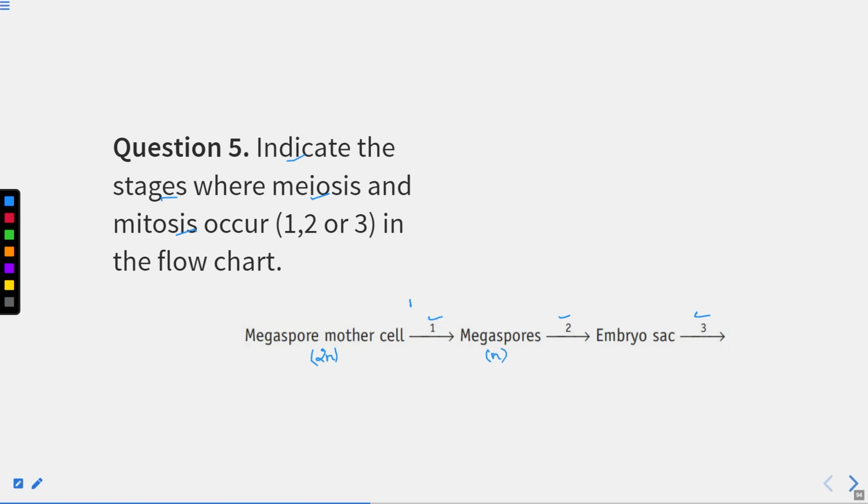Here meiosis should take place. Meiosis is also known as the reductional division. So megaspore mother cell undergoes meiosis to form megaspores, and initially 4 megaspores are formed, which are haploid, and out of these 3 degenerate.